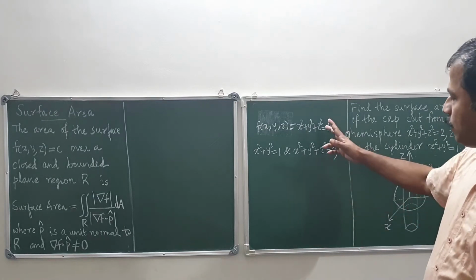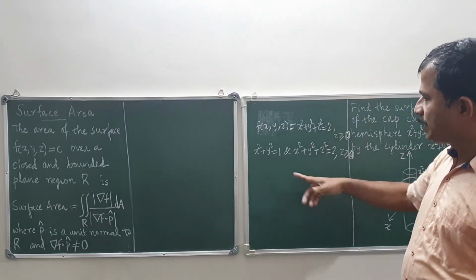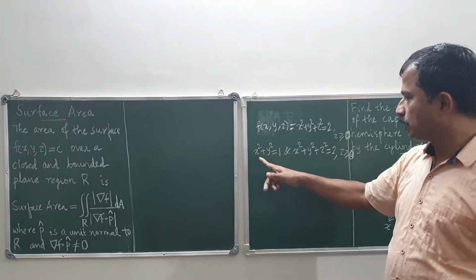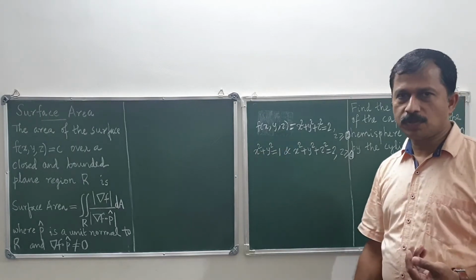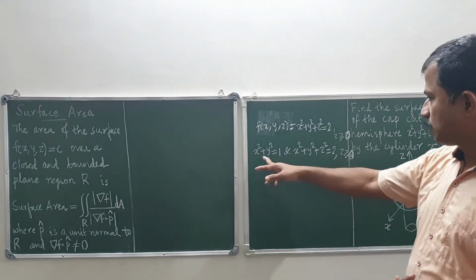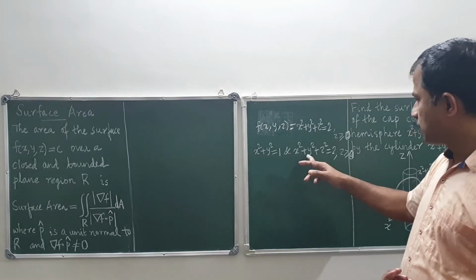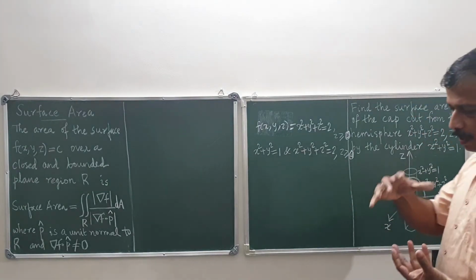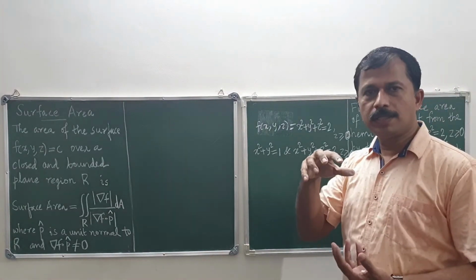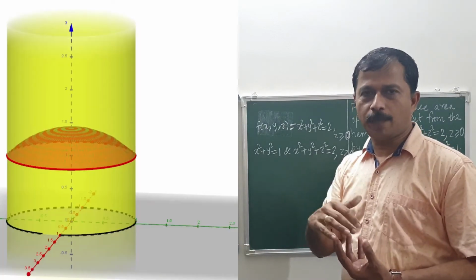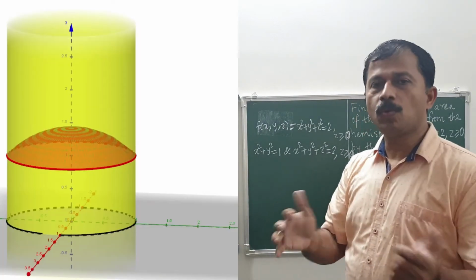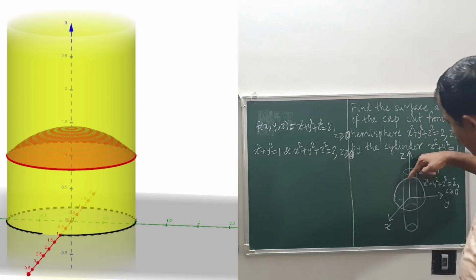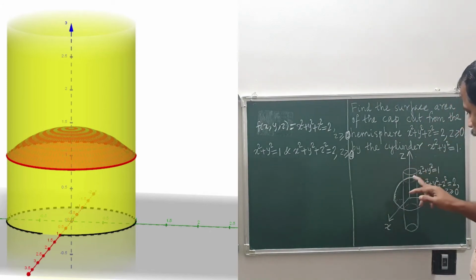And the upper hemisphere is cut by the cylinder x square plus y square is equal to 1. The cylinder cuts the upper hemisphere. We are interested to find the surface area of the cap that is included inside the cylinder.